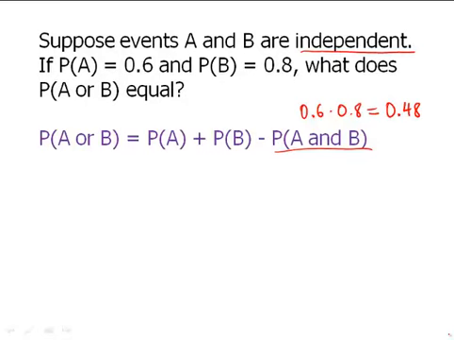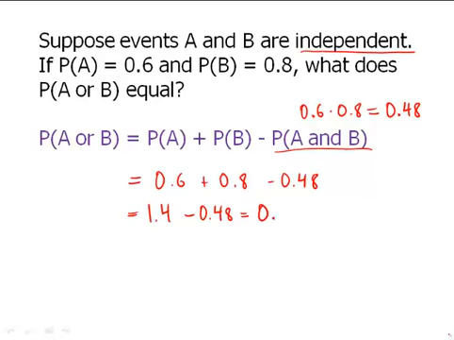So now we know all 3 terms. So now we can say we have 0.6 plus 0.8 minus 0.48. So this is 1.4 minus 0.48, and this winds up being 0.92, which is the probability of A or B.